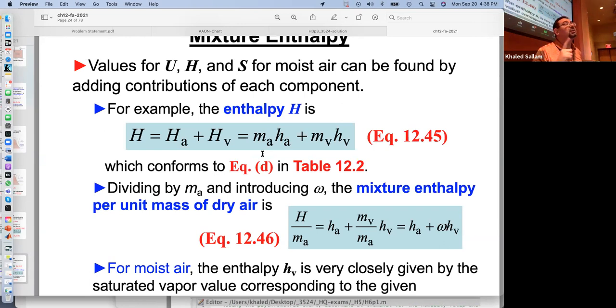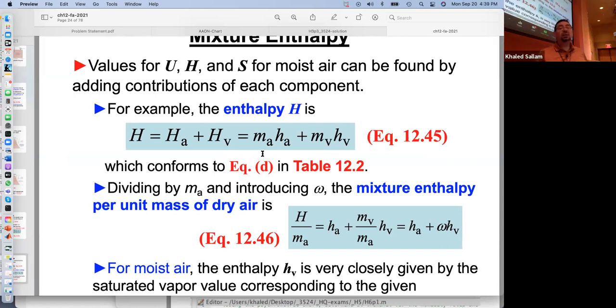So why am I saying this? They come from two different tables. Funny enough, those two tables don't have the same zero point. Like the H at 0 degrees C, you expect all of them to have zero at the same temperature or something. No, they have different starting points.